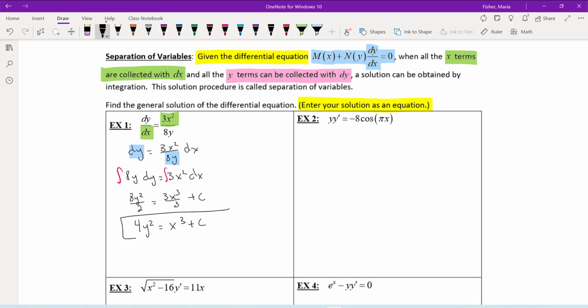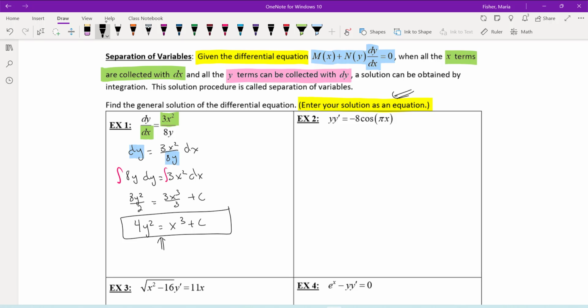So in WebAssign, you would actually enter this 4y squared equals x cubed plus c because you want to enter your solution as an equation. You don't have to solve it for y, for c, or for x. You can just integrate it and then just make sure that you're entering your solution as an equation.